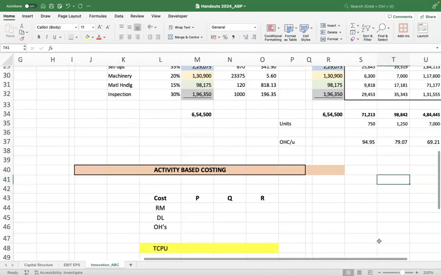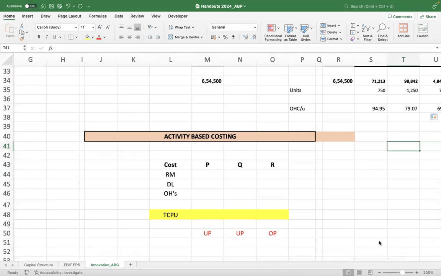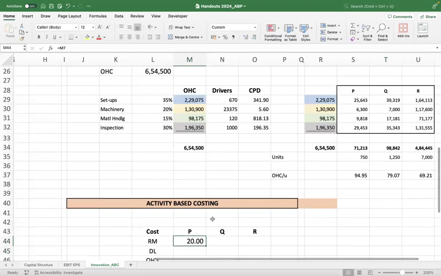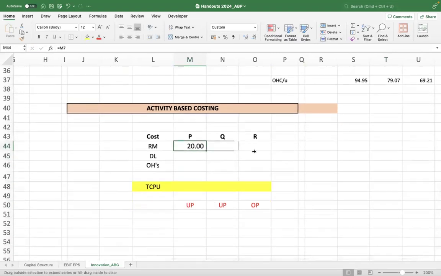और जैसे कि मैंने आपको पहले भी बताया, चाहे लेगेसी कॉस्टिंग हो, चाहे कोई और टेक्निक हो, रॉ मटेरियल एंड लेबर में कोई तकलीफ नहीं है, बिकॉज वो एनीवेज आइडेंटिफाएबल है, तो हम उसको बराबर से इफेक्टिवली एलोकेट कर रहे हैं. सो देयर इज नो प्रॉब्लम इन रॉ मटेरियल एंड लेबर. दैट इज गोइंग टू बी द सेम एज इट वाज अर्लियर. व्हाट इज गोइंग टू चेंज?